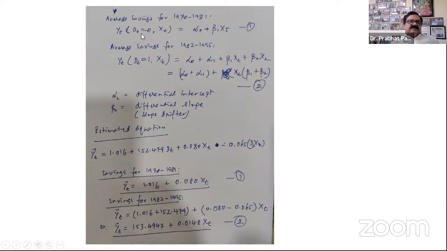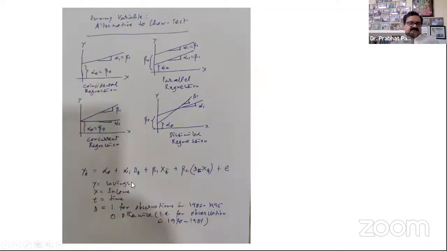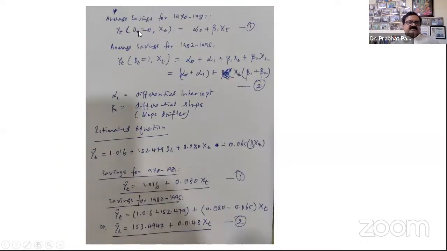So if you put D equal to 0 in the original equation that we framed, alpha 0 plus alpha 1 dt, so in place of dt, if you put 0, and here in place of dt, if you put 0, then what you are left with is alpha 0 plus beta 1 xt. This is the first equation that you are going to be left with.